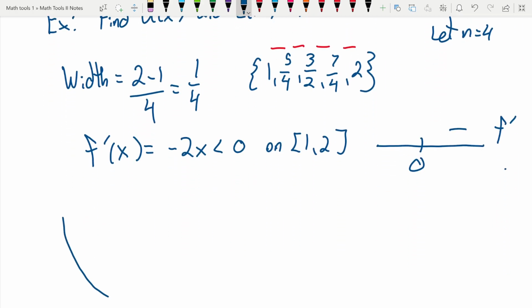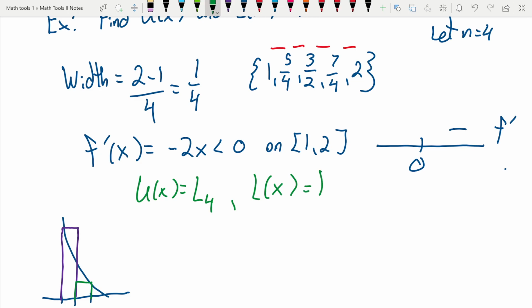This isn't what the function looks like, but you can just imagine a decreasing function. If you have your subintervals, then a left endpoint is going to be an over approximation, whereas a right endpoint is going to be an under approximation or a lower approximation. Okay. So in other words, for this one, U of x is equal to L4, and L of x is equal to R4.